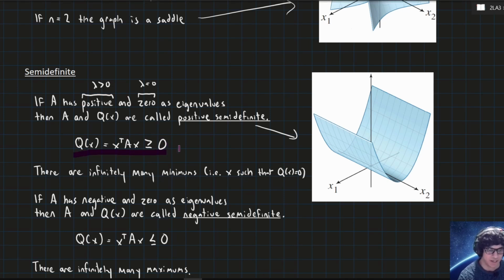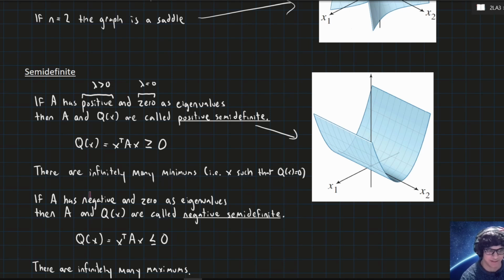But we're going to get infinitely many minimums. Instead of just the origin being a minimum, we get infinitely many points that are minimums for this quadratic form. And there's the reverse of that.